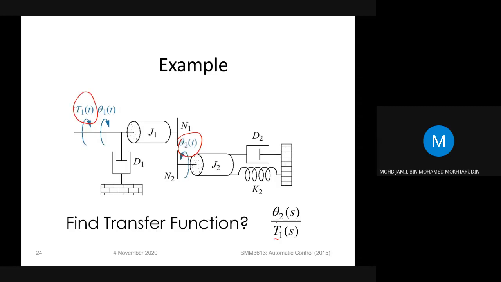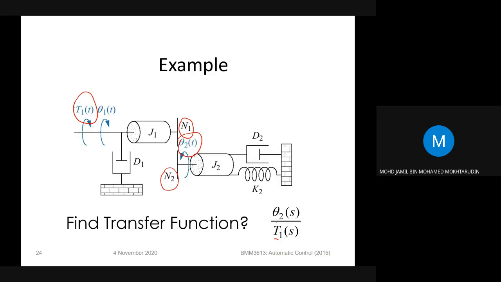In this question, when you fix J1, then gear N1 will not move. When gear 1 does not move, then gear 2 will also stop moving. So when gear 2 stops moving, J2 will also not move. So basically when you hold J1, everything will not move.